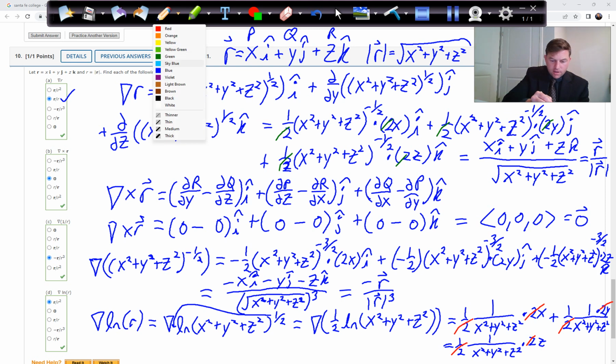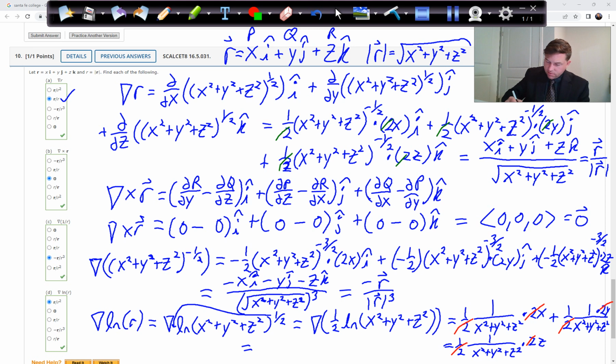And we are left with a common denominator on top. Oh, I forgot to write the vectors in here. So this is I, this is in front of J, and this one's in front of K. So we're going to get xi plus yj plus zk all over the common denominator of x squared plus y squared plus z squared.